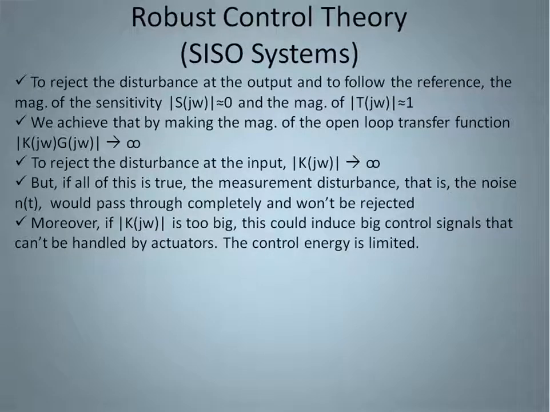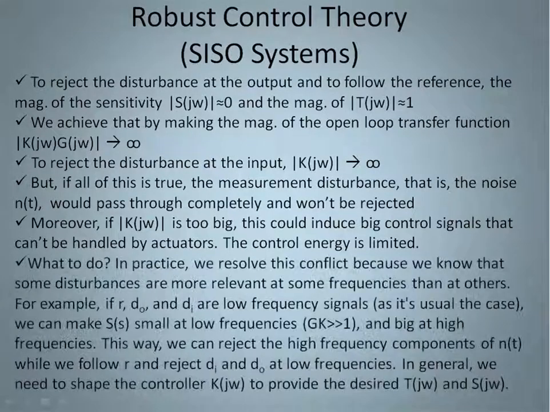Moreover, if the magnitude of the controller is too big, this could induce big control signals that can't be handled by actuators. The control energy is always limited. What to do? In practice, we resolve this conflict because we know that some disturbances are more relevant at some frequencies than at others.